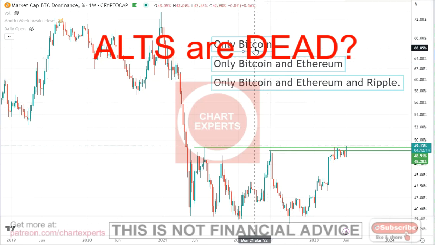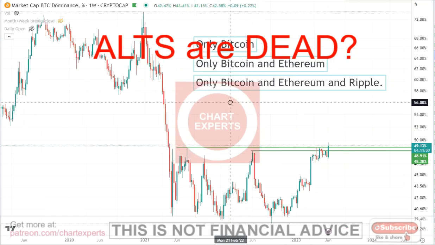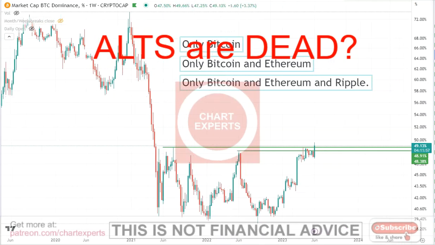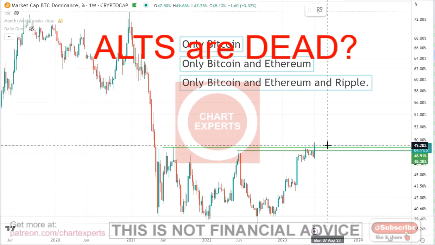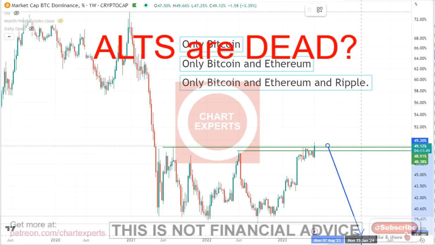It's not going to disappear, but there's only Bitcoin, there's only Bitcoin and Ethereum, there's only Bitcoin plus 2, then it's going to be plus 3, then plus 5, then plus 10, and you know how it goes. And yes, this dominance has only one way to go. I don't even need to read the chart for this. It's going to go that way.